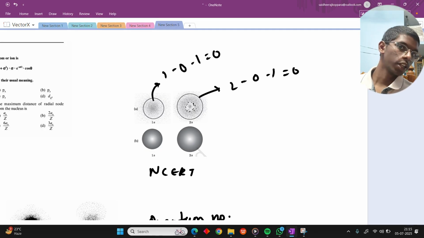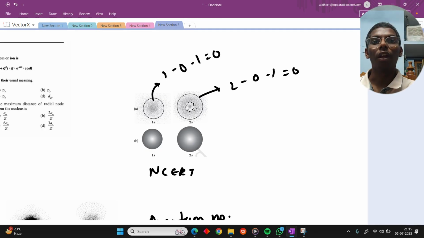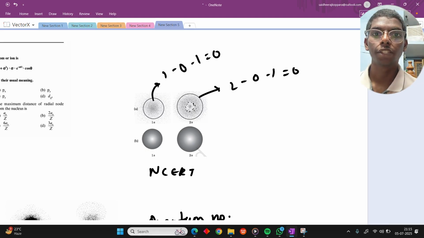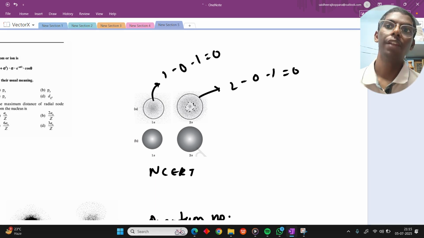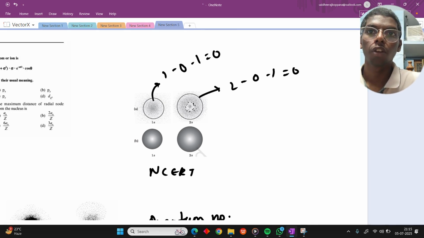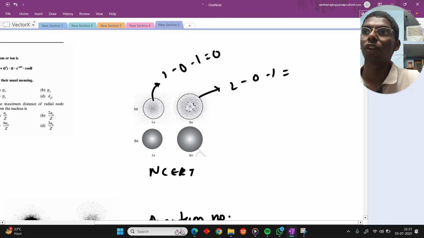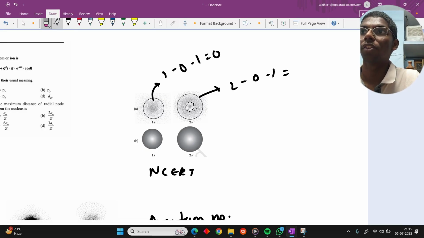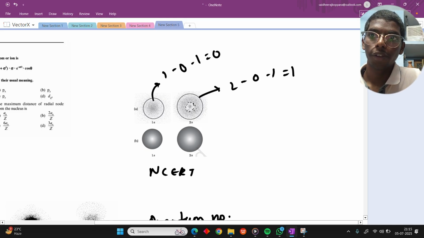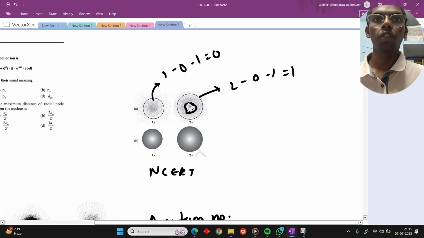So along the radius, if you find any point where the probability of finding the electron is 0, then that will be your radial node. And in this 2s orbital, this point is where you can't find any electron.